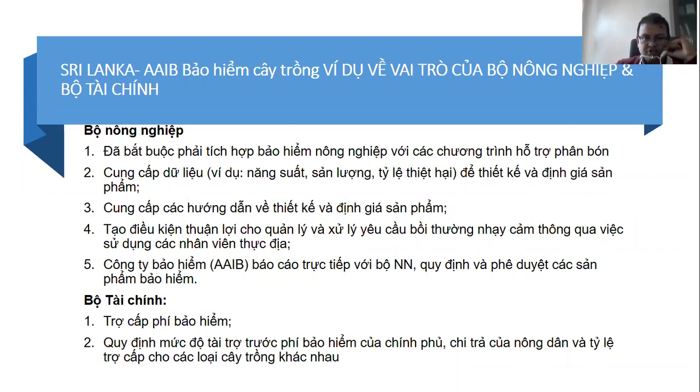Now, the Ministry of Finance is playing a key role in the subsidy of the premium, and it also stipulates the extent to which the premium can be pre-financed by the government, the farmer's contribution, and the proportion of the subsidy for different crops. So it's in charge of deciding how the subsidy is implemented.